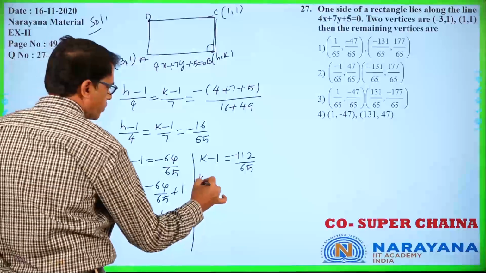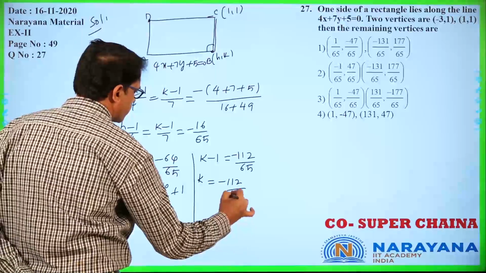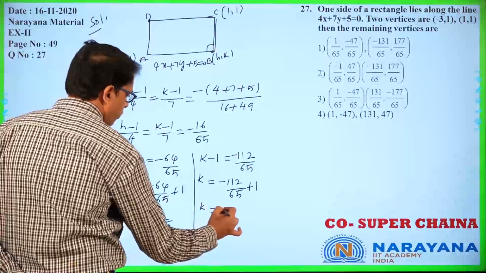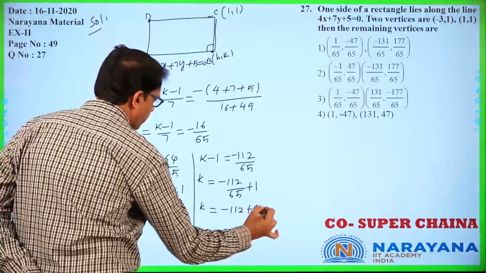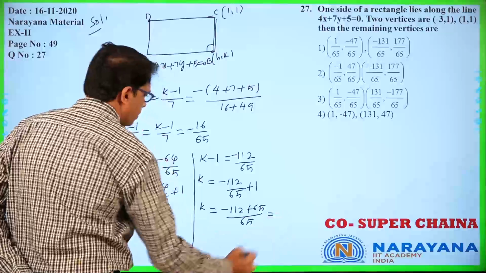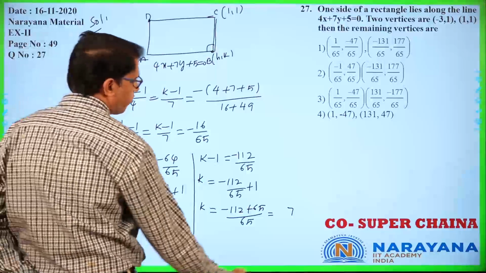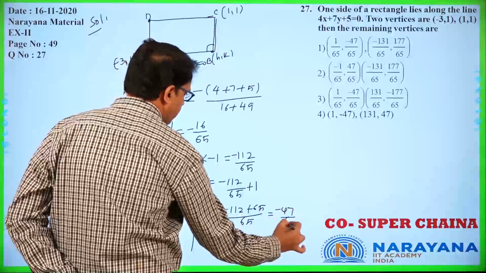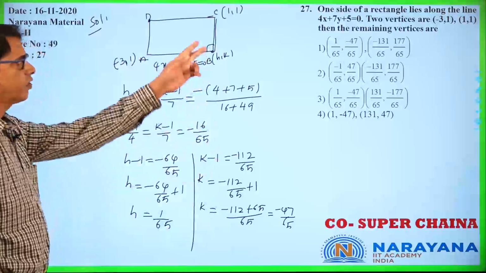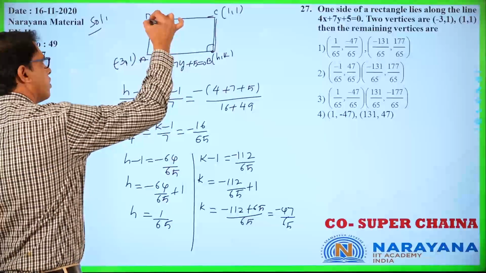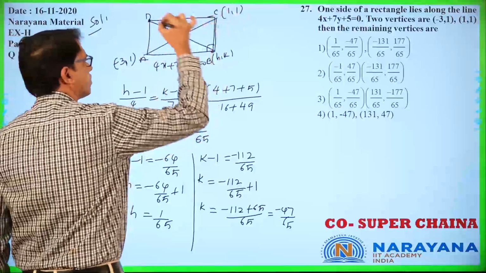Then k equals minus 112 by 65 plus 1, means k equal to (minus 112 plus 65) by 65. So it is minus 47 by 65. Obviously first option. After finding this one, then you can find the D coordinates.